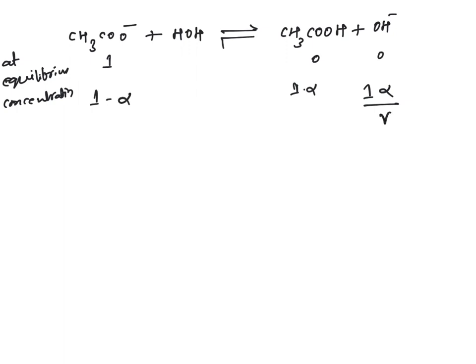This is present in V mL of volume, and we know that concentration equals n by V. Now substituting 1 by V as concentration C, I can write C alpha. So initially the concentration is C, and C minus C alpha at equilibrium, with C alpha for each product.